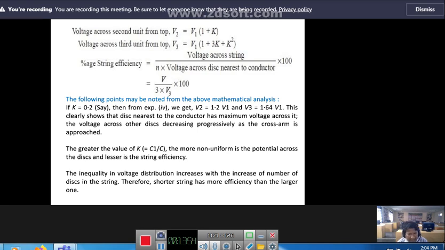The voltage across the other discs decreases progressively as the cross arm approaches. That means V3 is greater than V2, which is greater than V1. The greater the value of K, which is C1 by C, the more non-uniform the potential across the discs and the lesser the string efficiency.